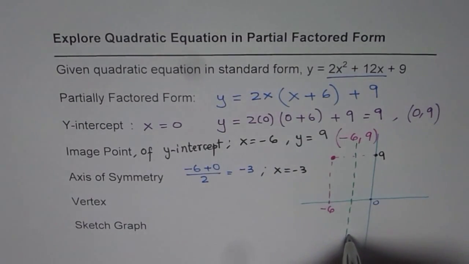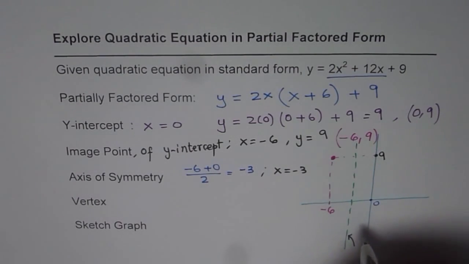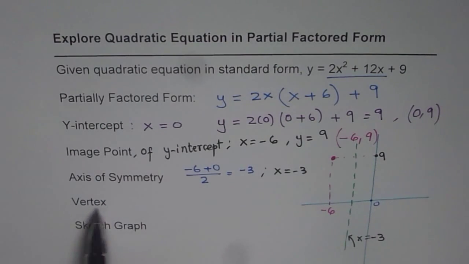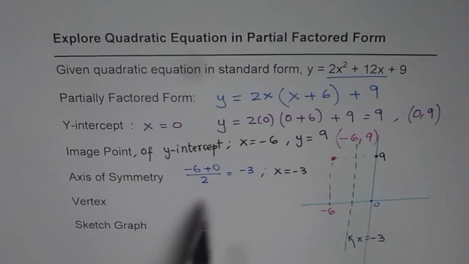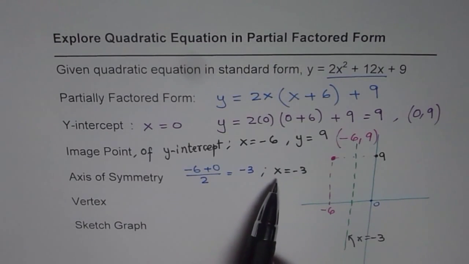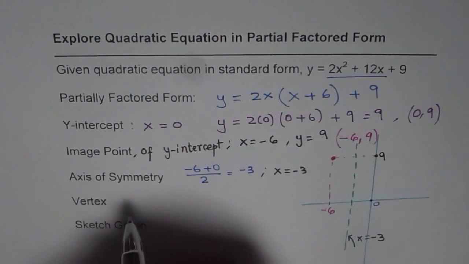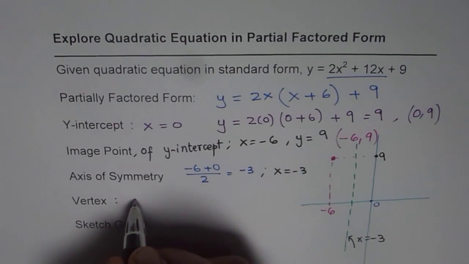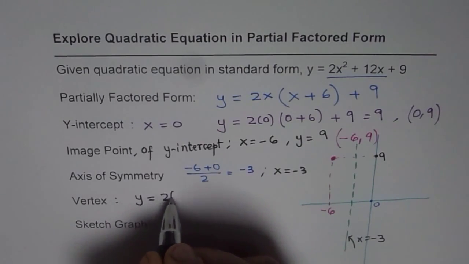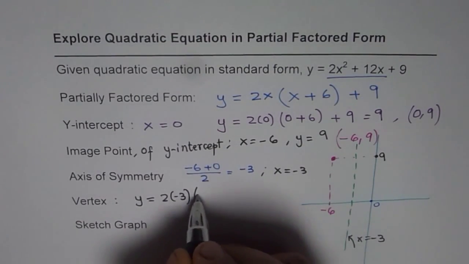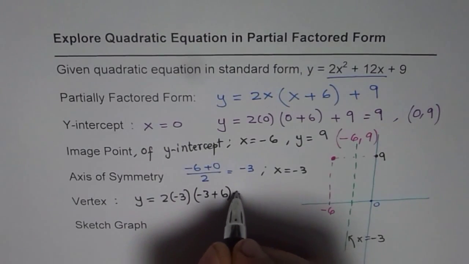So this line is, let me write here, x equals minus 3. Now where is the vertex? The vertex should be on the axis of symmetry. So if I place the value of x as minus 3, I'll get the vertex. I can say y equals 2 times minus 3 times (minus 3 plus 6) plus 9.